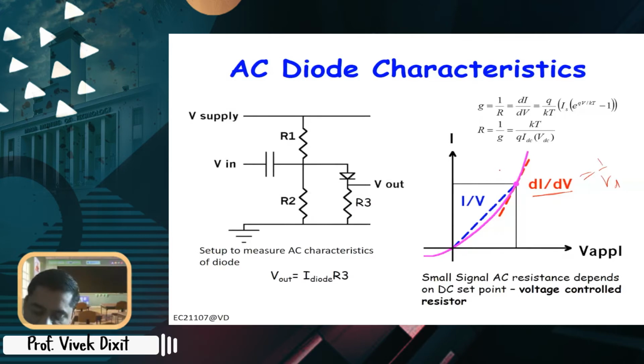So what you get is this R dynamic equals Vt over I dc, right? Vt is kT by q, which is 26 millivolt at room temperature. Now this is a function of the DC current, right?